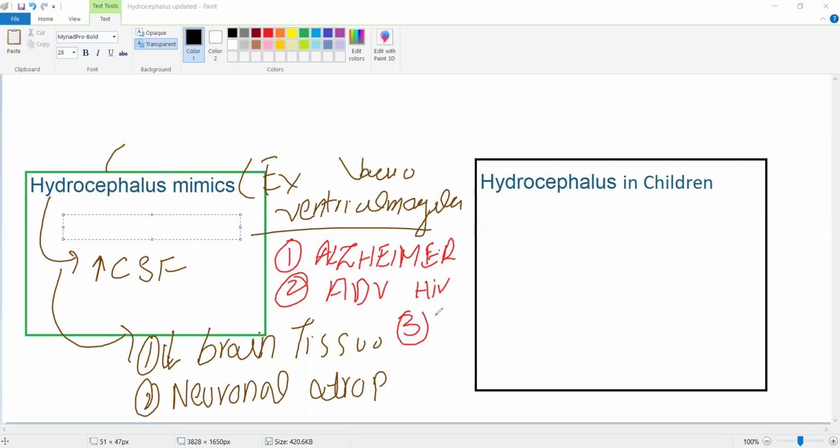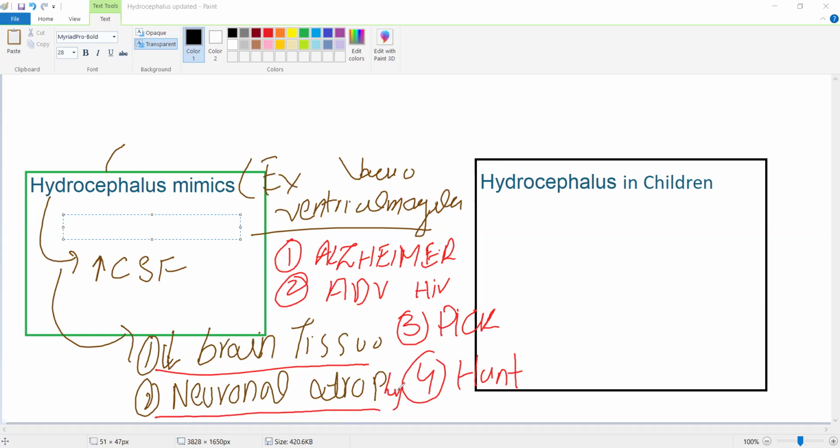Frontotemporal dementia, I think it's Pick disease. Yes. And Huntington disease. So all of these four conditions and many more may lead to ex vacuo ventriculomegaly. And this ventriculomegaly is not due to hydrocephalus. It is basically due to the decreased brain tissue and neuronal atrophy, right?